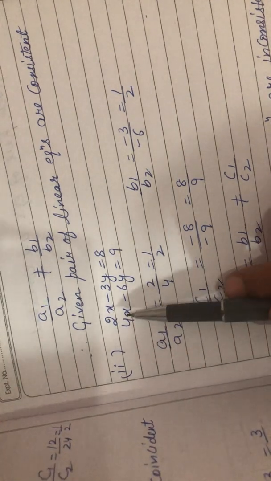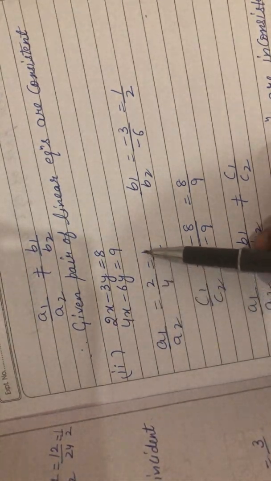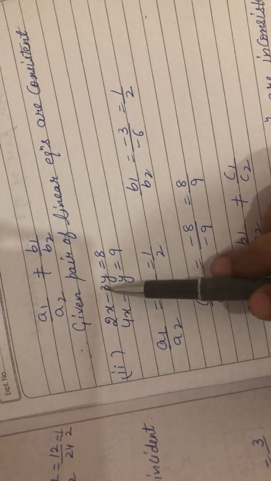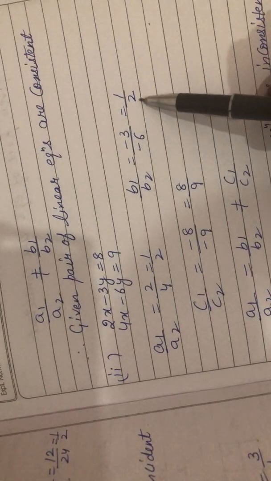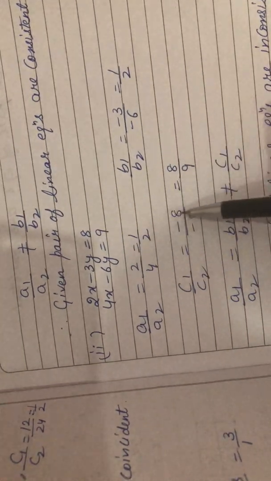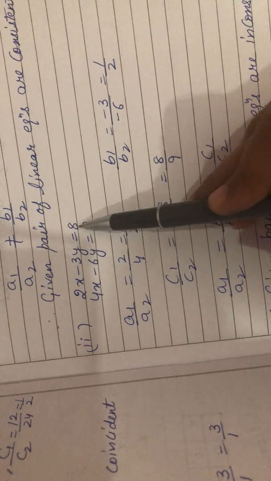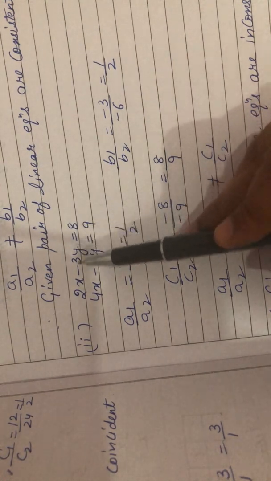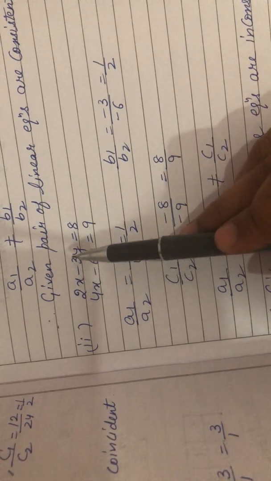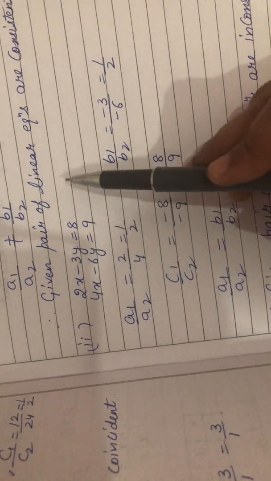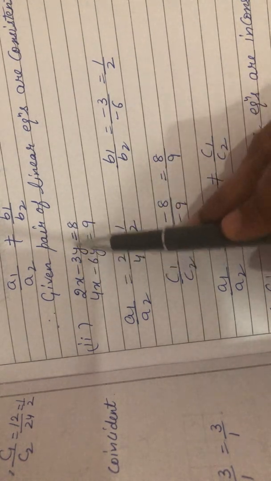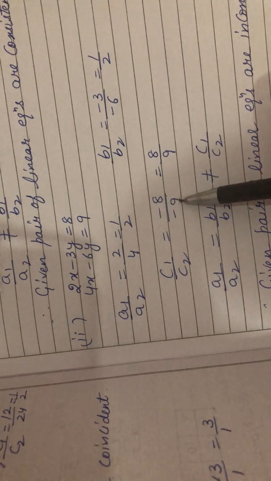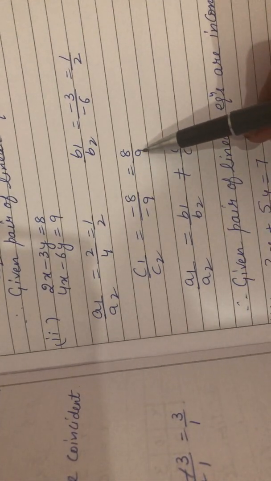In the second part, you can see a1 upon a2 is 2 by 4, that is 1 by 2. b1 upon b2 is minus 3 by minus 6, that is 1 upon 2. And c1 upon c2 is, if I transpose it to the left side, because our general form is a1x plus b1y plus c1 equal to 0, then it becomes minus 8 by minus 9, or simply 8 by 9, right?